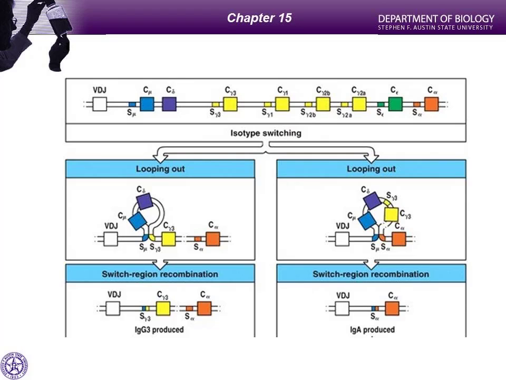When we splice out the M and the D so we can begin to produce the G isotype, we can never go backwards. If we're producing the G isotype, we can never again in the life of that cell produce the M and the D because that gene is gone. We got rid of it. Does that make sense? We can go downstream, we can move to the right, but we can never move back to the left.